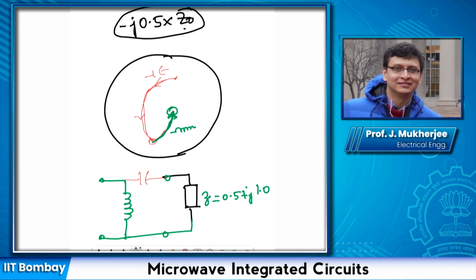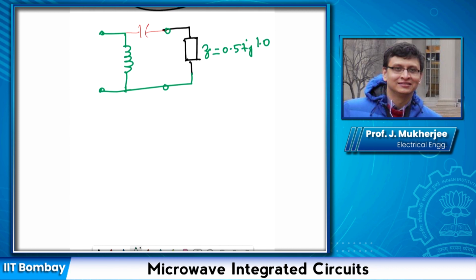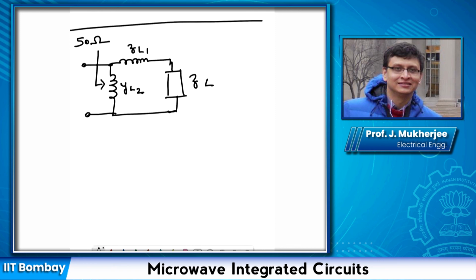So now there are some regions which are forbidden. What do I mean by forbidden? For example, say you have a load ZL like this, and you want an input matching network like this. Okay, fine. And say you need another matching network like this.